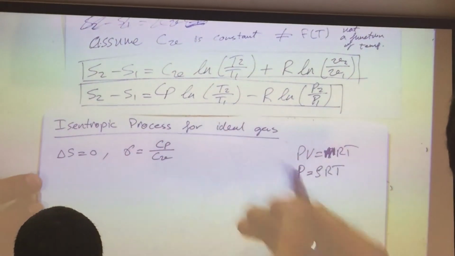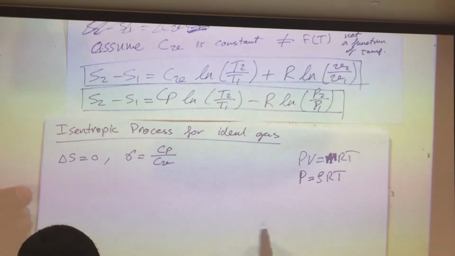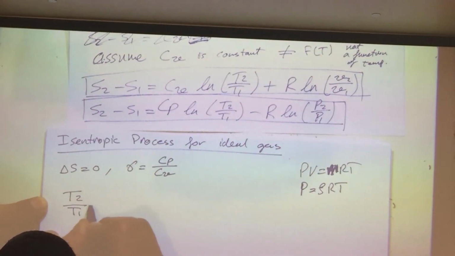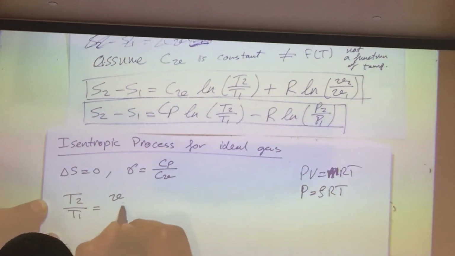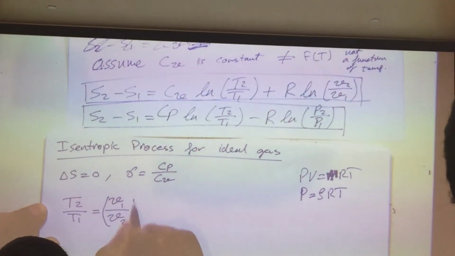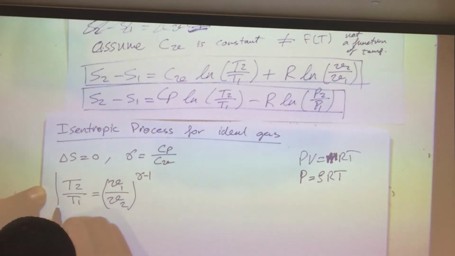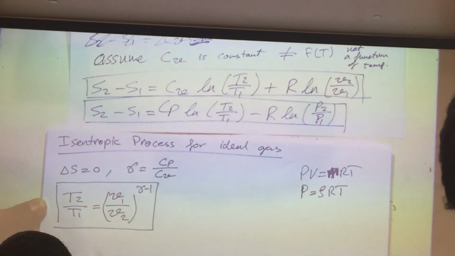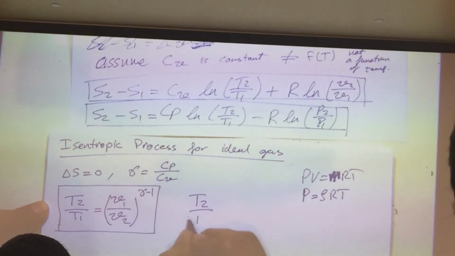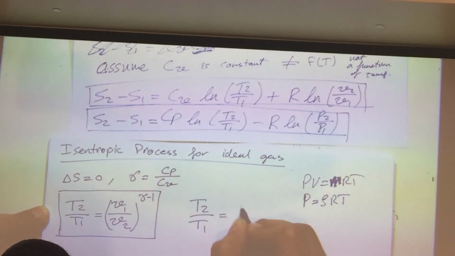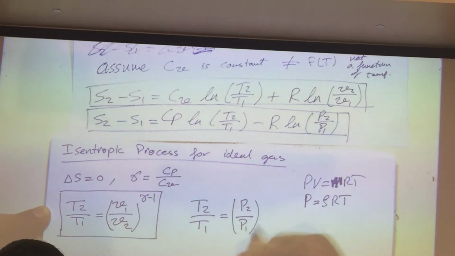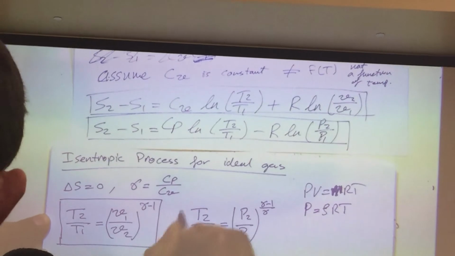So if I rearrange my equations, my natural log is going to cancel out. What I am going to end up with is T2 over T1 equal to the specific volume ratio to the power of gamma minus 1. This is important because we are going to continue to use it. This is one equation we have to use continuously throughout our engine analysis. The second one is T2 over T1 is equal to P2 over P1 to the power of gamma minus 1 over gamma.